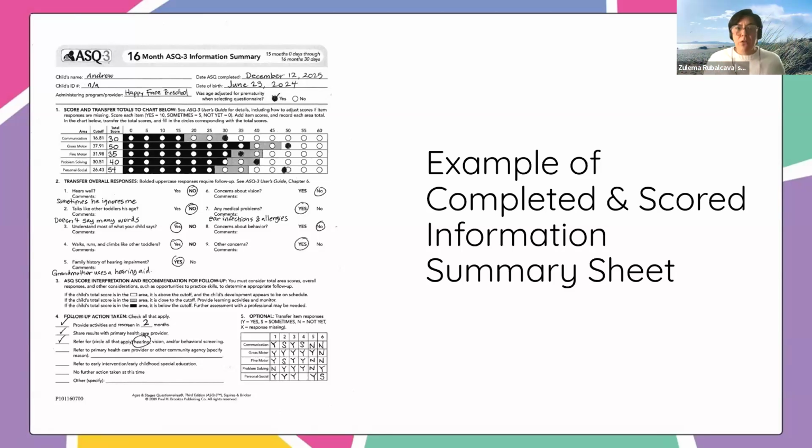So we can see right here already, there are things that we're going to have to do, right? There are areas where they're sort of in that monitoring zone, right? That gray shaded area. I can also see that there are, in the overall section, even though we didn't score it, there are questions that might require some follow-up.